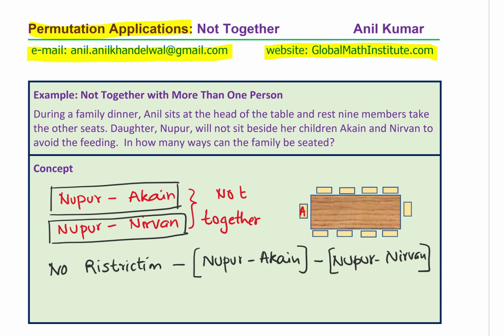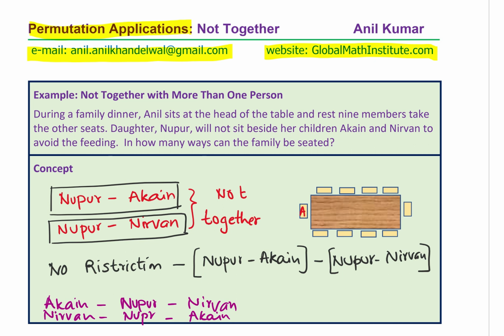Now there's one thing very important to consider: we could also have a condition where Nupur is in the center, with Akain on one side and Nirvan on the other side. This could be in two different ways. We could also have Nirvan, Nupur and Akain. So all three of them could be together with Nupur in the center.